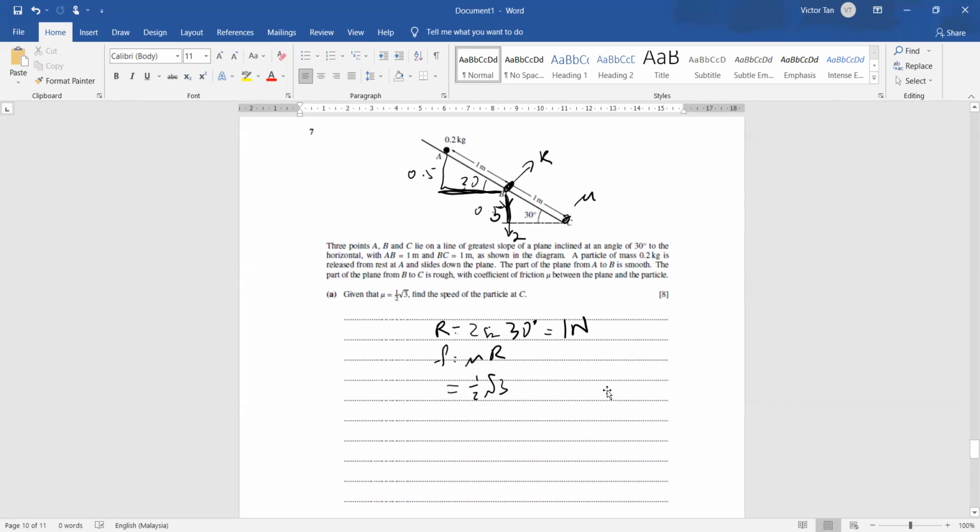Now the loss of potential energy is 0.2 times 10 times the height, total height 1. Equal to the gain in kinetic energy plus the work done against friction. So it's half root 3 times 1.